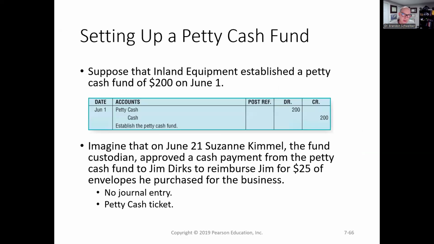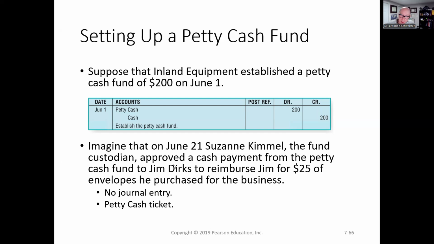So in order for us to establish the petty cash fund, we need to create a new account. The way we do that is we debit petty cash and credit cash. This creates a separate petty cash fund. And then over time, we start using the petty cash for various things.